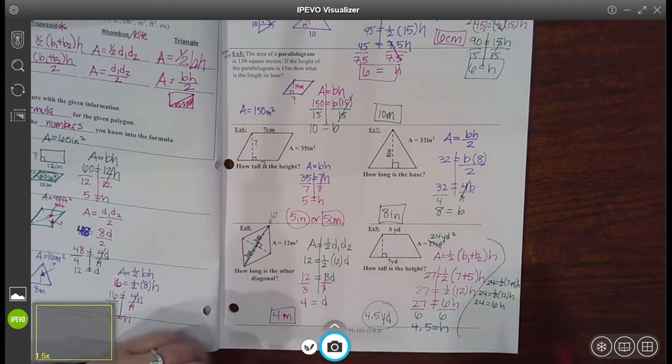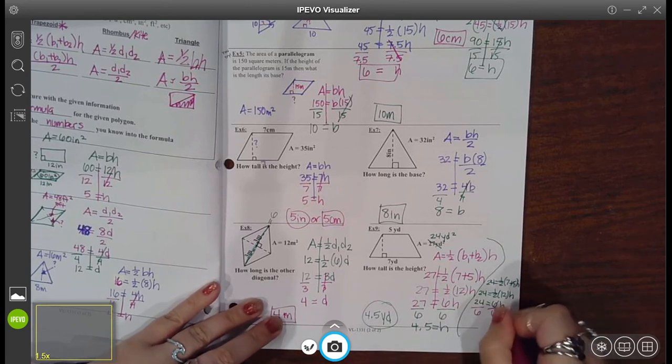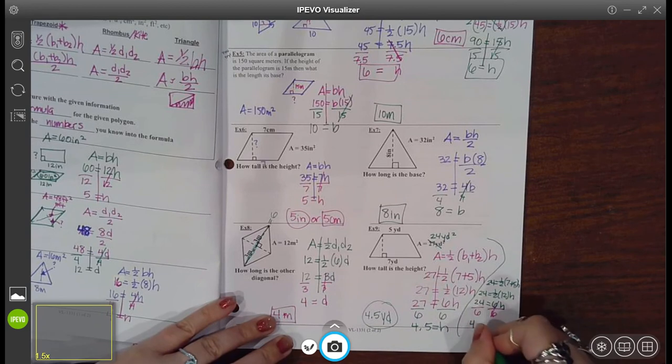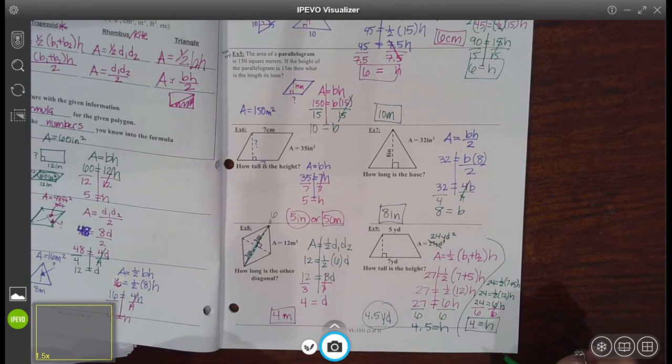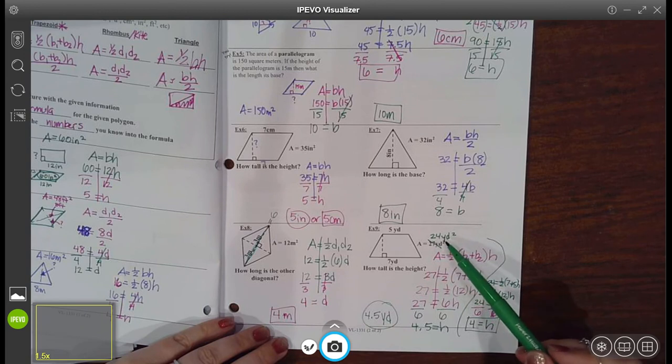And now when you go to solve for your height, you divide by 6 on both sides, and you get 24 divided by 6 is 4. Bring down your equals, bring down your h, and you get your height is 4 yards. So depending upon the version you had, if you had an area of 27 yards, you should have gotten 4.5 yards for your height. If you had the version with 24 yards squared as your area, then you should have gotten 4 yards even as your height.